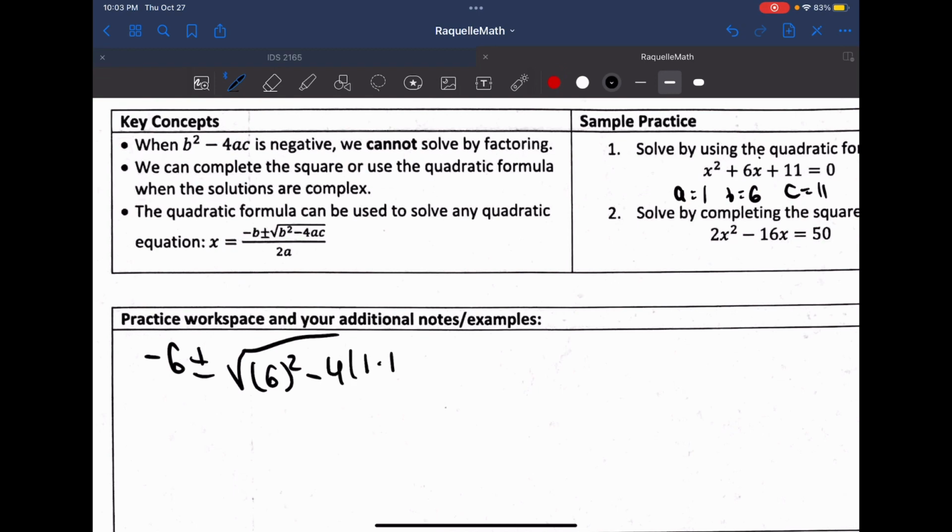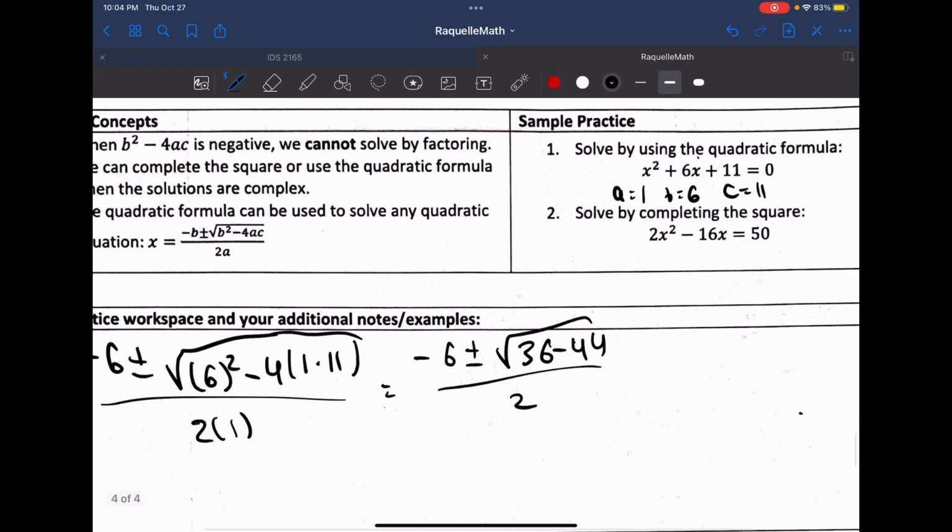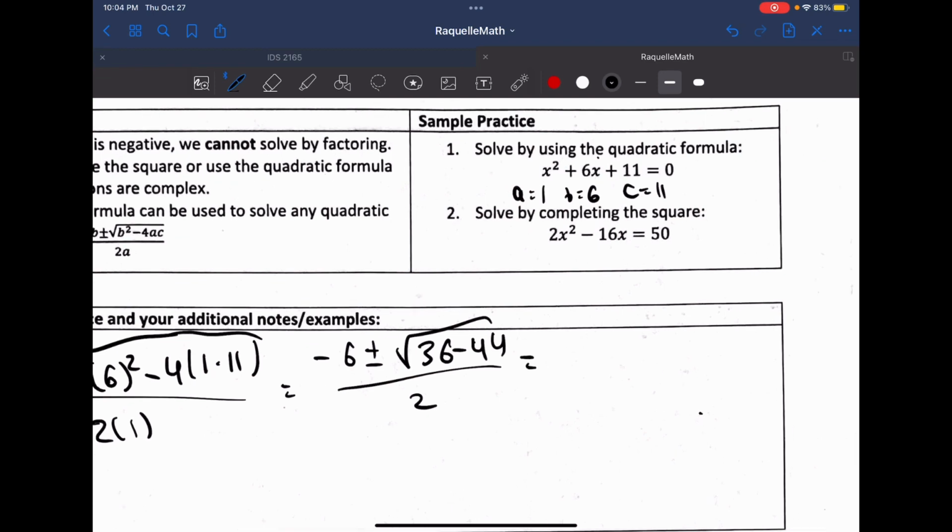So 1 times 11. So basically that is divided by 2 times 1. So -6 plus or minus the square root of 36 minus 44 divided by 2. So 36 minus 44 is -8.